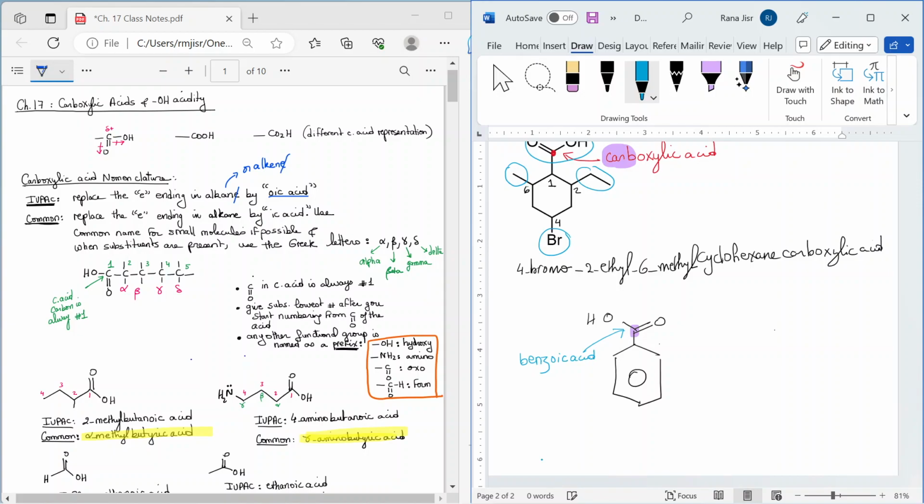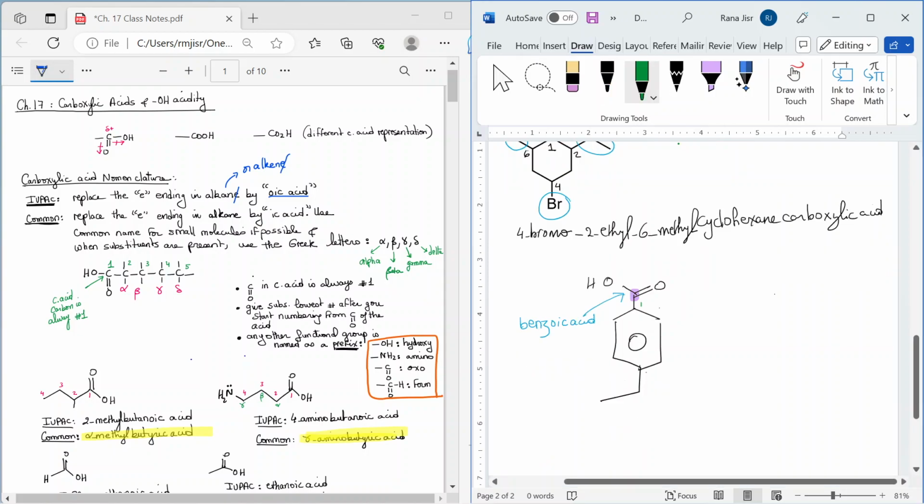Let's say, for example, if I want to name this structure over here, the carboxylic acid is going to be on carbon number 1. The ethyl is going to be on carbon number 4. This is a para-substituted, di-substituted benzene. So please use ortho, meta, or para whenever you have a di-substituted benzene. Instead of using 4, don't use 4. Use para in this case.